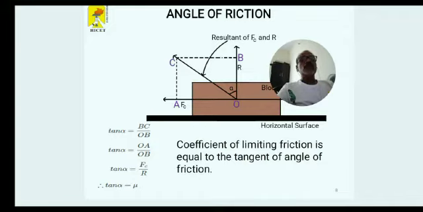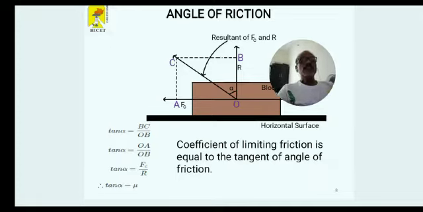So we have to convert this inclined force into a resultant force. How to convert this? We take the resolution, horizontally and vertically. Horizontally is negative, and vertically upward is positive.